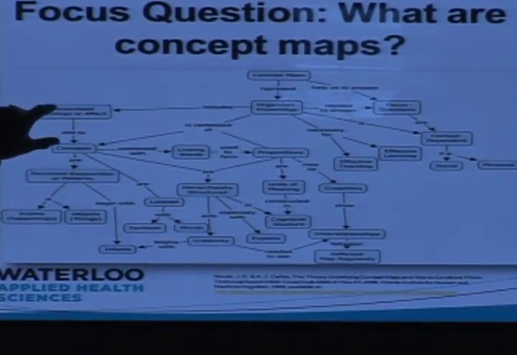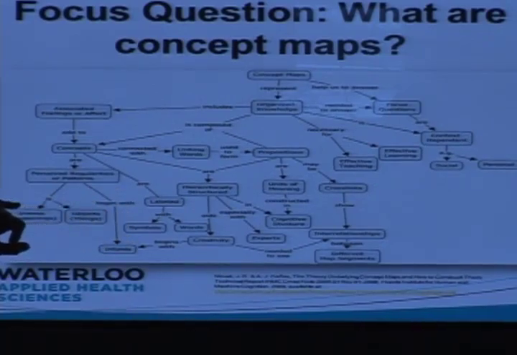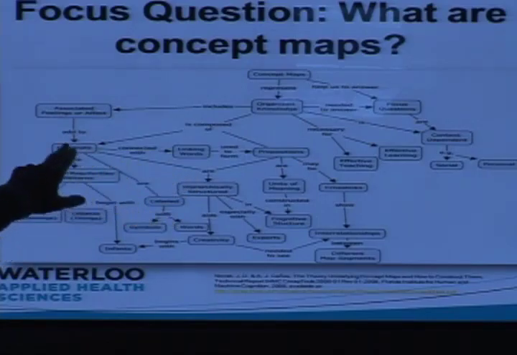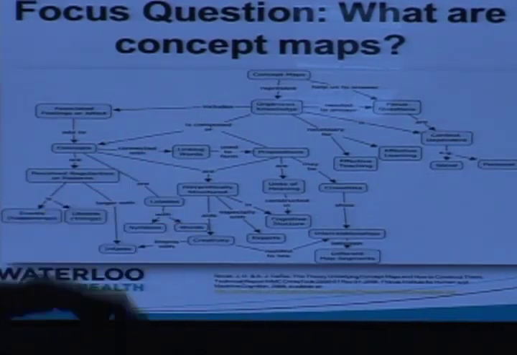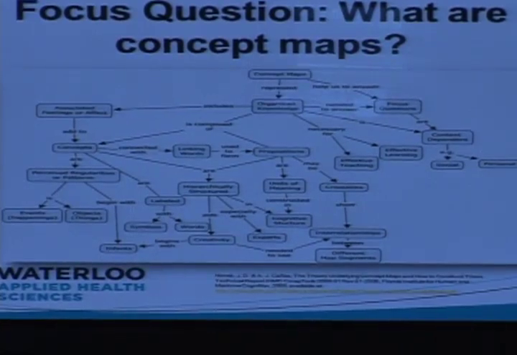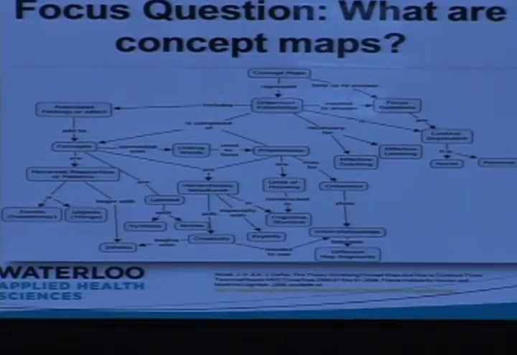Here are the propositions which connect thoughts. And the one thing that you'll see, and those who have done research in concept maps have found, is that the number of connecting arrows between nodes and between concepts usually represents a greater understanding of a topic.